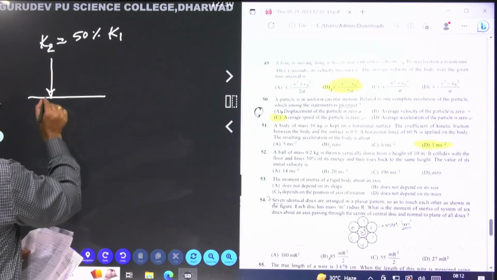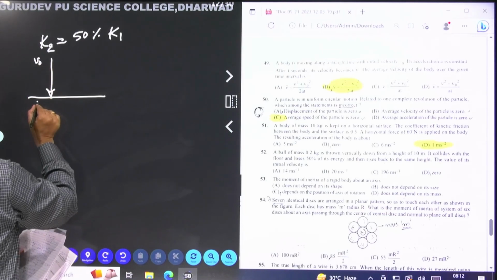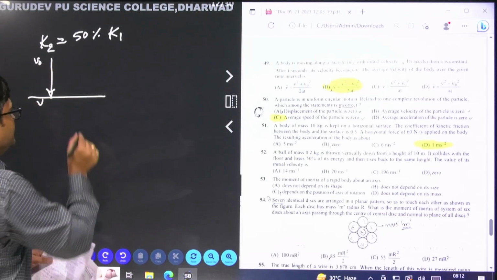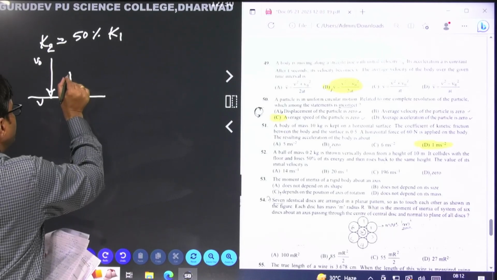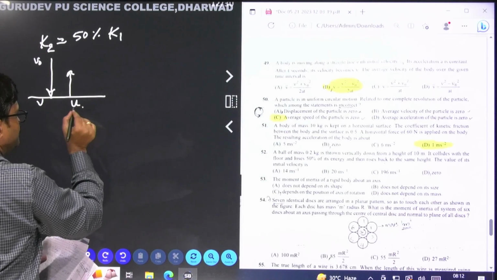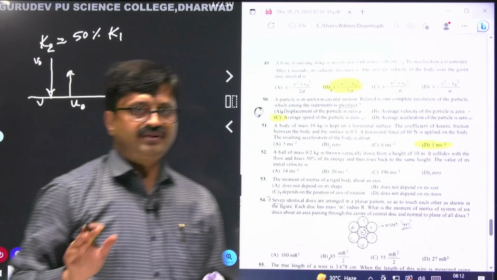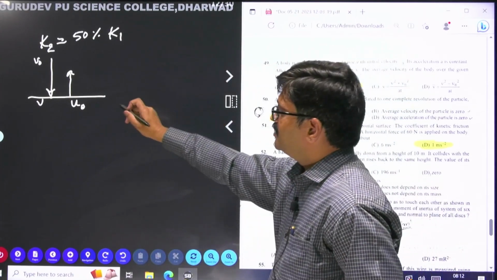So let me consider this velocity as V naught here, and here I'll write velocity V, and when it rises up back, let us consider that velocity of rise as U, or I'll say U naught. So this is what we can go ahead and take the symbols.